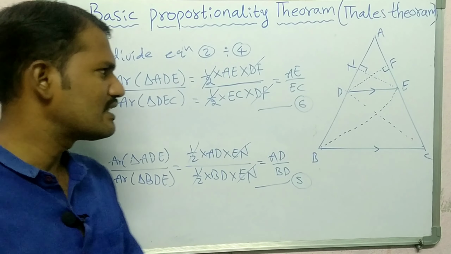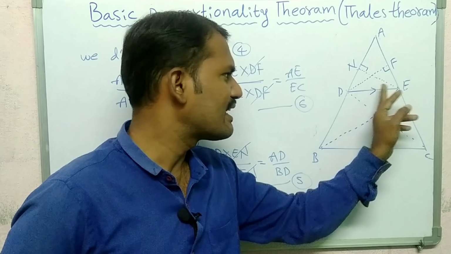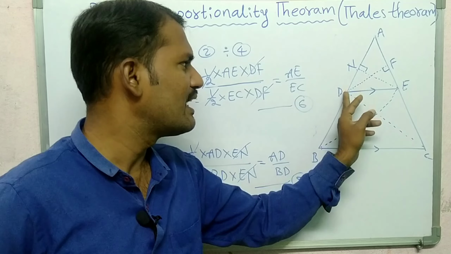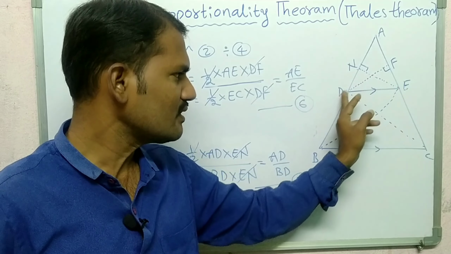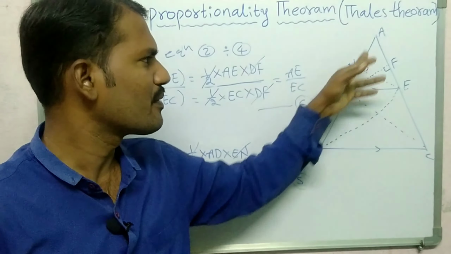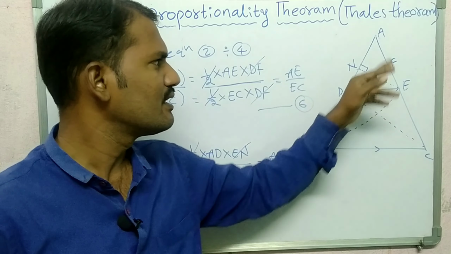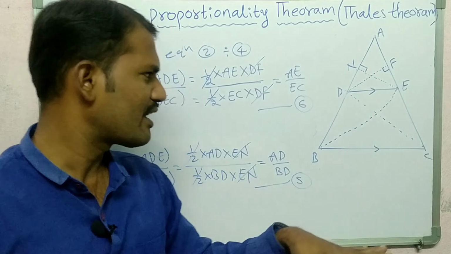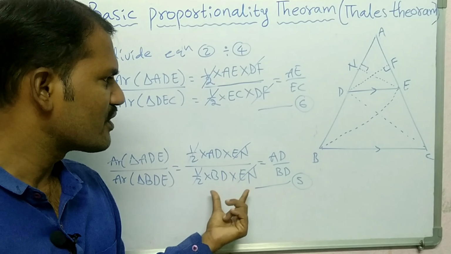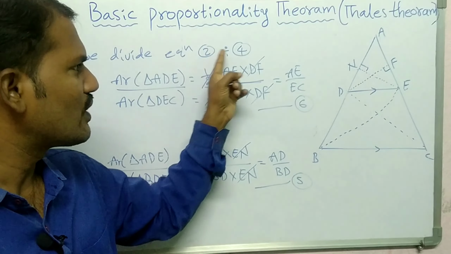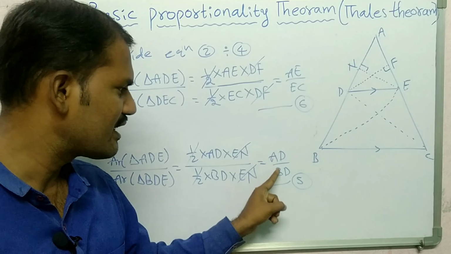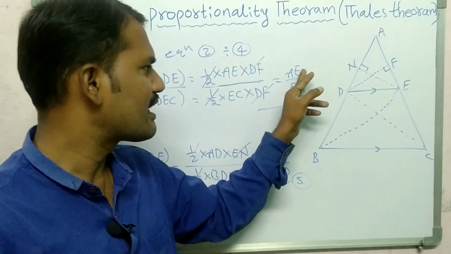And one more thing, see children. First we took area of triangle ADE by BDE, which gives AD by DB, and we have to prove AE by EC. So we divided equations 1 and 3, and 2 and 4, and got AD by BD and AE by EC.